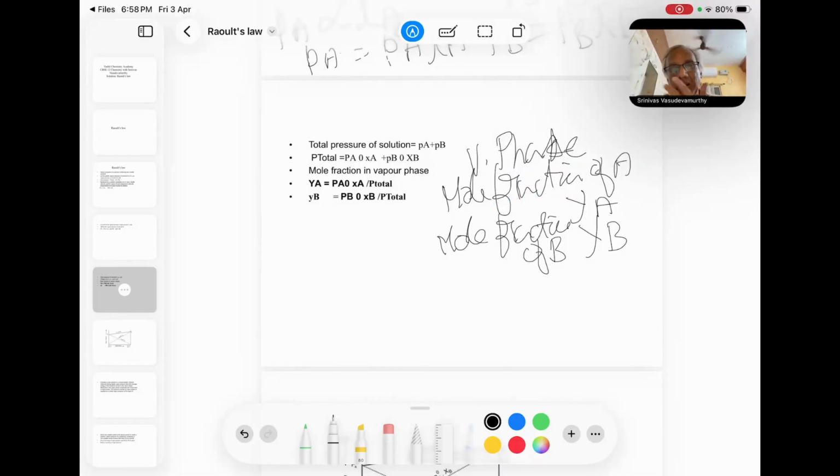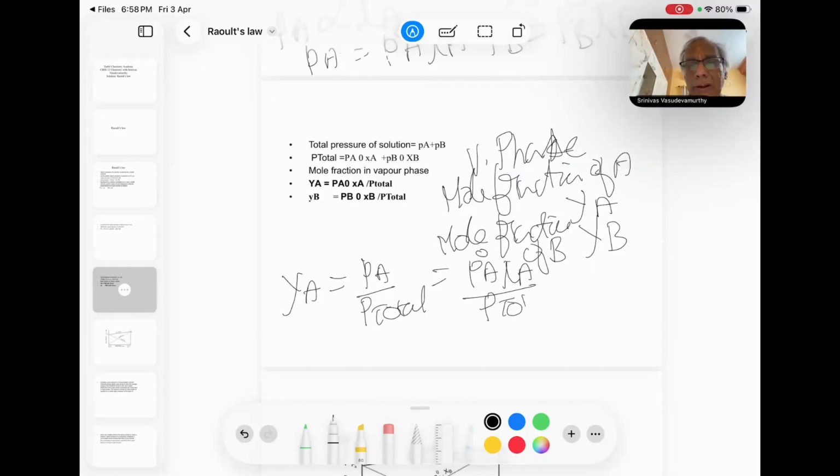Mole fraction in terms of vapor pressure: YA is equal to PA by P total, or I can write it as P naught A into mole fraction of A divided by P total. That is YA, the mole fraction of A in the vapor phase.